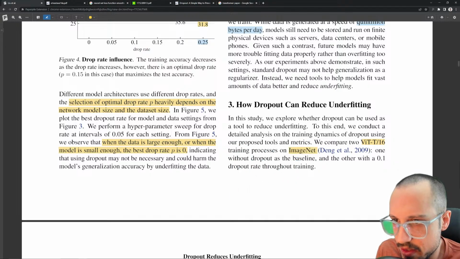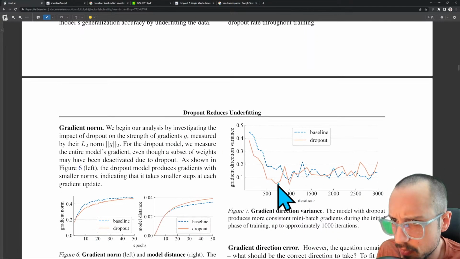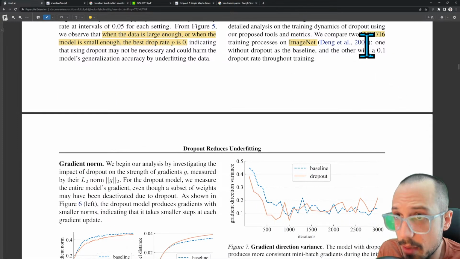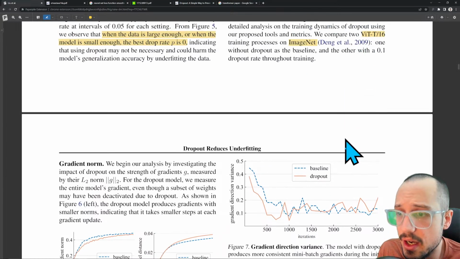One without dropout as the baseline and the other one with a 0.1 dropout rate throughout training. Okay, so the baseline here is going to be no dropout. That's going to be this dotted line here. And then the one with dropout only has a 0.1 dropout, so it's still relatively small dropout.